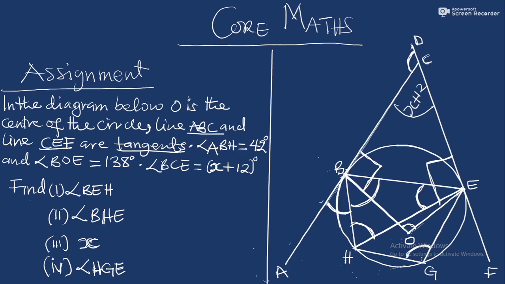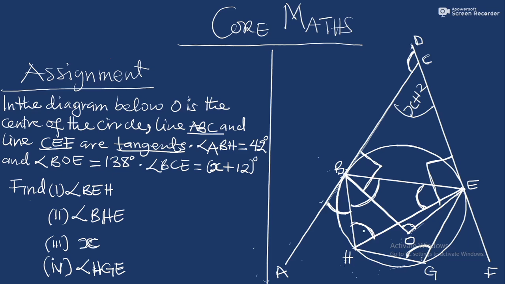That is angle HBE. How then do we get that? Observing again, you realize that HBE is a triangle, and we learned that the sum of interior angles of a triangle is what? 180 degrees.